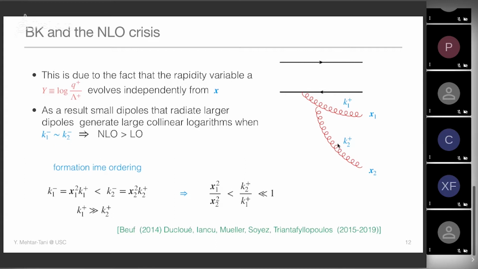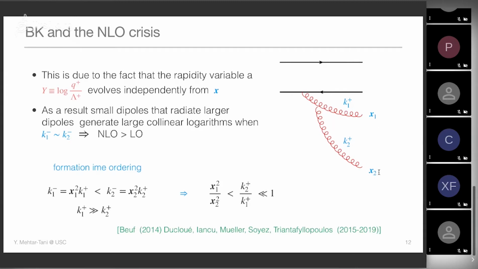So what happens at next to leading order is that for two gluon radiations of similar k minus, there is a phase space for large transverse logarithms to appear. This happens when you have a small dipole x1 that radiates a large dipole, or in other words, a gluon that is collinear to the antiquark radiates a gluon at much larger transverse momentum.